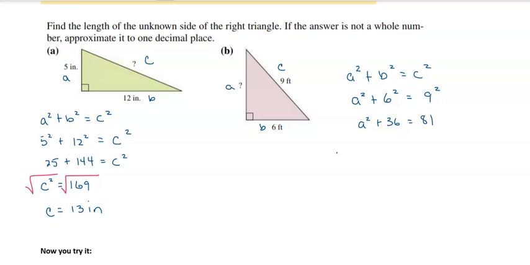So now I want you to look at that and think about what you would do. We're going to subtract 36 from both sides. And I get A squared equals 45. So now we have to find the square root of both sides. And we're going to find that A is then just the square root of 45.